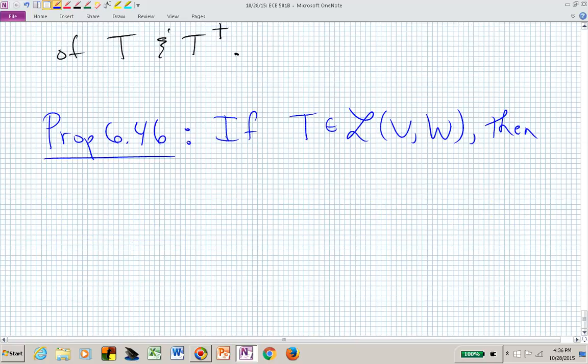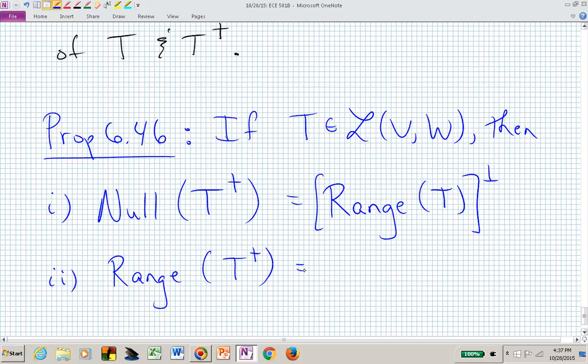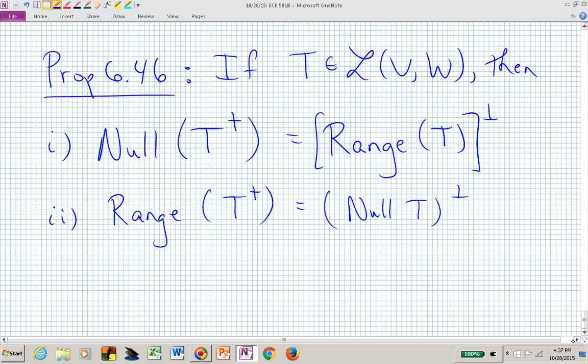And that says if we have a linear map T mapping between V and W, then we can have four different relationships. We can say that the null space of the adjoint of T is equal to not the range of T, but its orthogonal complement, so the perp of the range of T. If we wanted to know something about the range of T dagger, we could find that same space by looking at the null space of T's orthogonal complement.